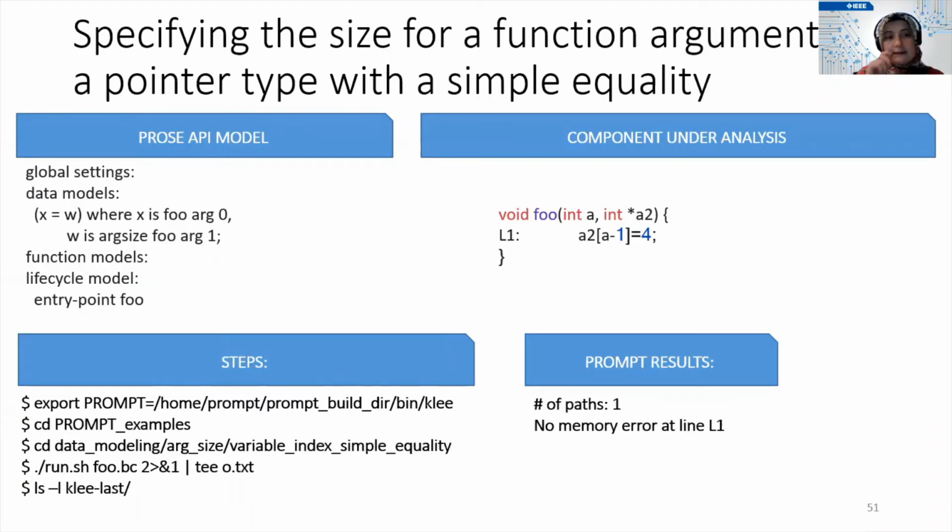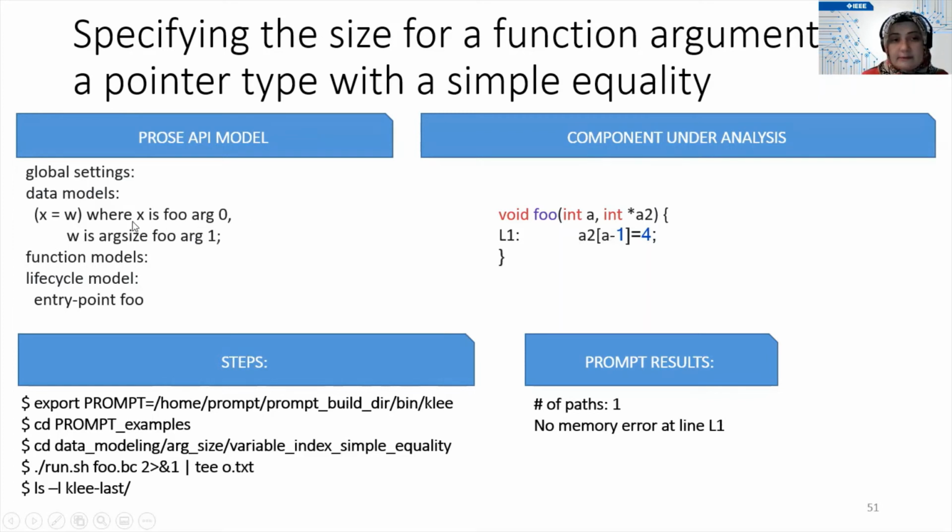Okay, so we can have a little bit more complicated stuff. Instead of a constant value, we may just have another symbolic value that gets equal to the size of the array argument. So for instance, x equals w, where x is the first argument, and w is again the size of the second argument, which is an array.